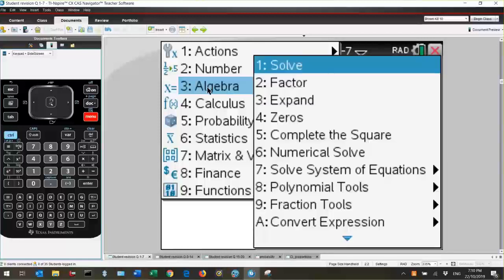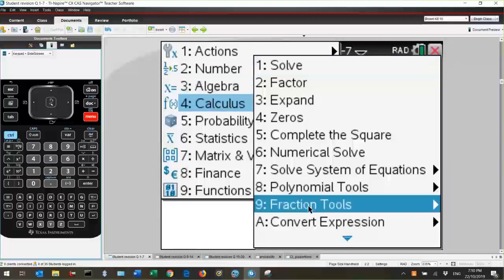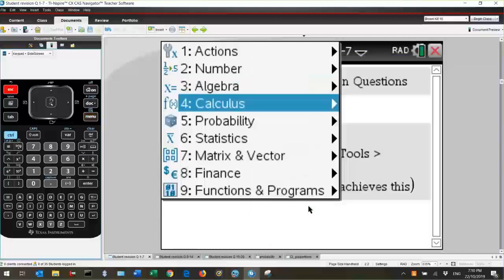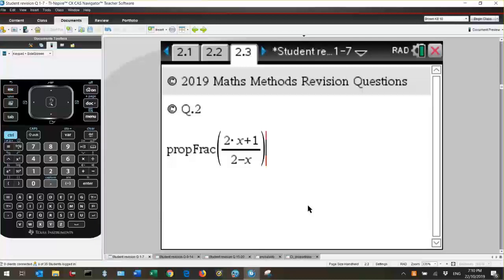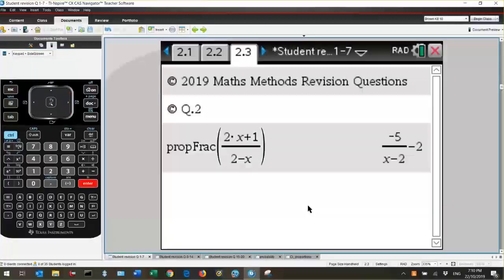One of the options is proper fraction. Put in your expression, and it gives it to you in the required form. Incidentally, the expand command does exactly the same thing. So proper fraction, you put in your expression, press enter, and you get that value there.